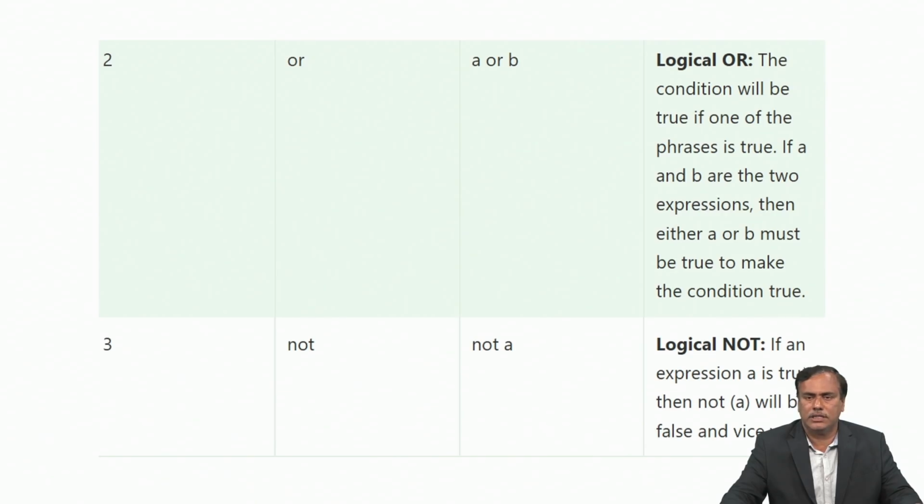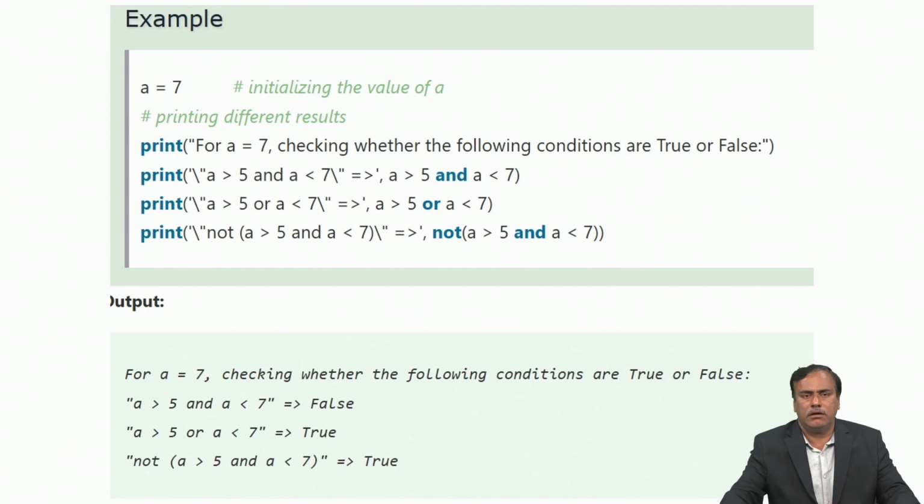In the remaining cases, it is true. And then this is NOT. Here you can use a single operand. If the operand value is false, then it returns true, and vice versa. So this is about logical operators AND, OR, NOT.